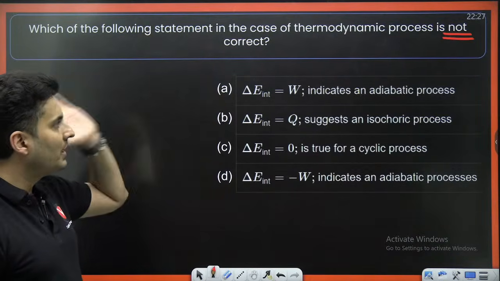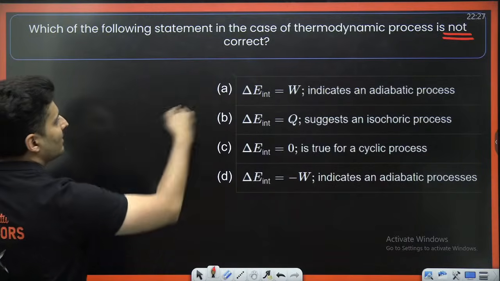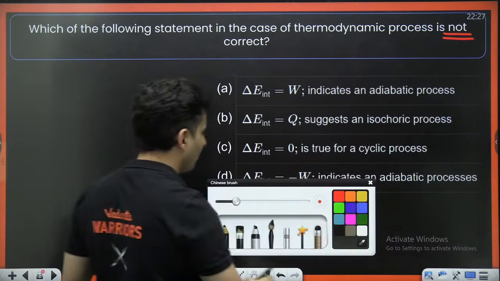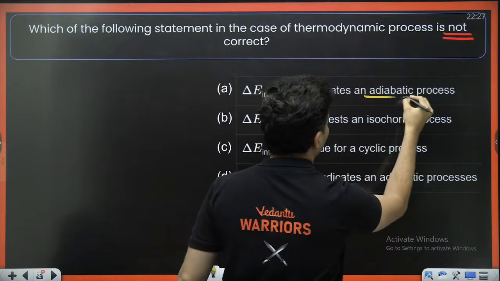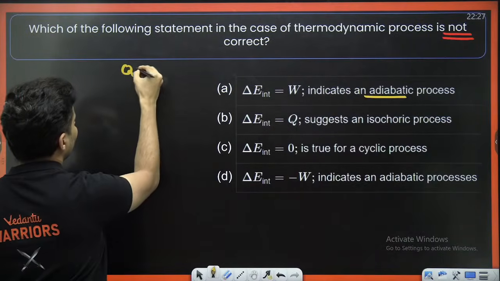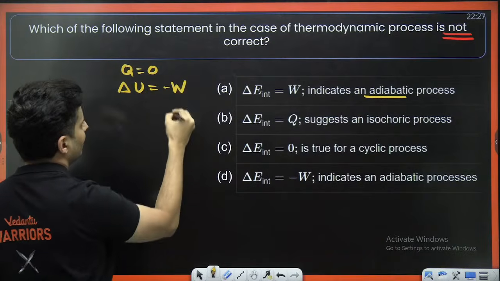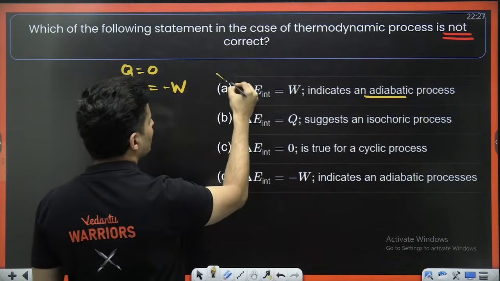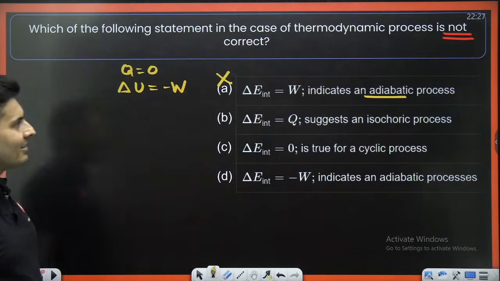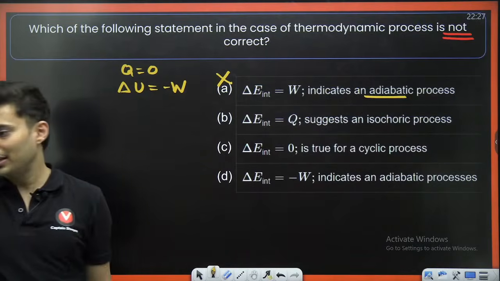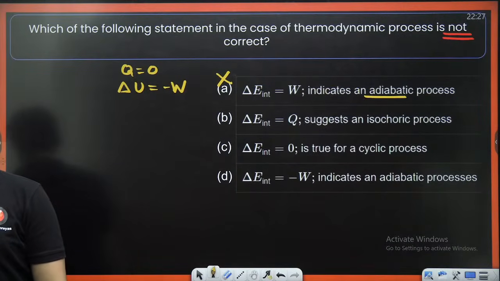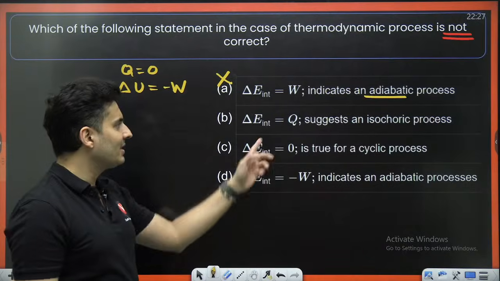I think it should be A only, because there was a minus sign for adiabatic process, correct? If it is adiabatic, then Q is 0, then delta U will be minus work. But where is that minus sign? So A is wrong. Do you see that? That minus sign is only not there. Everything else is fine.